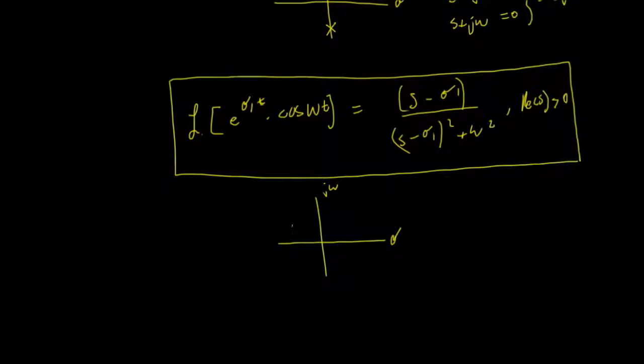So let's say sigma 1 is negative, somewhere here. And we're going to get the zero shifted to that point and the two poles shifted as well. Okay, so that's what we're expecting to see. So let's go and have a wee look at it in MATLAB.